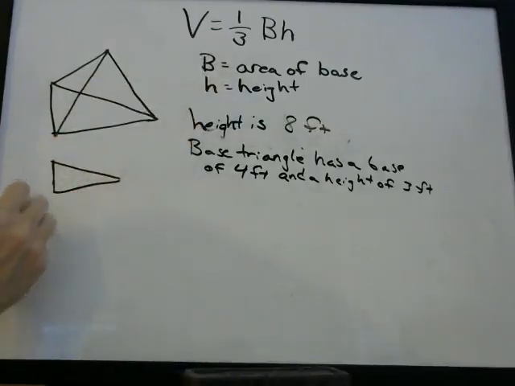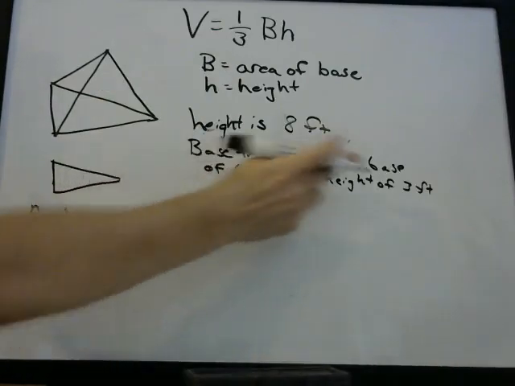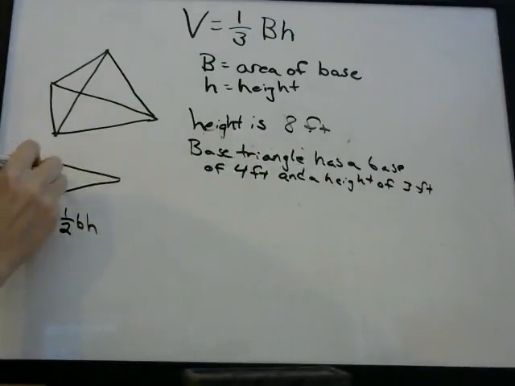What is the area of a triangle? If you don't know that, you need to watch the video on area of a triangle. Area of a triangle is 1/2 base times height. So they're telling us that the base triangle has a base of 4 feet and a height of 3 feet.